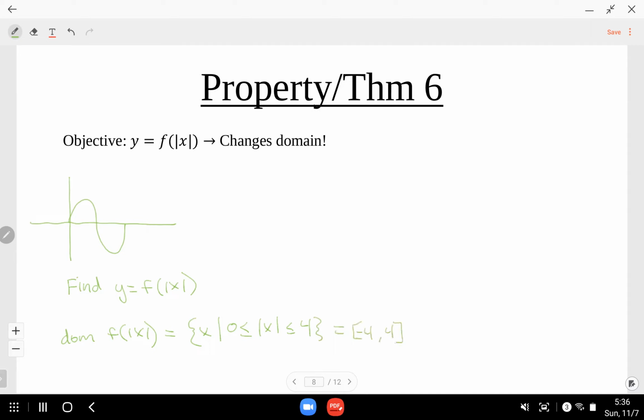Are there any questions on this part so far? Now you can see that the domain expanded.